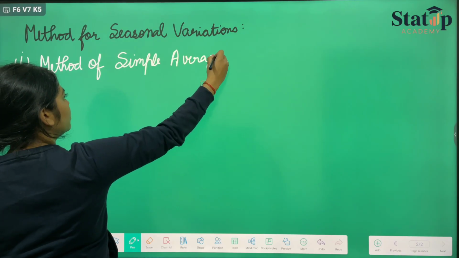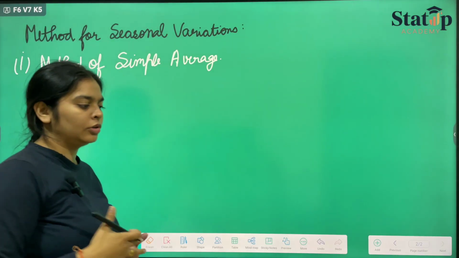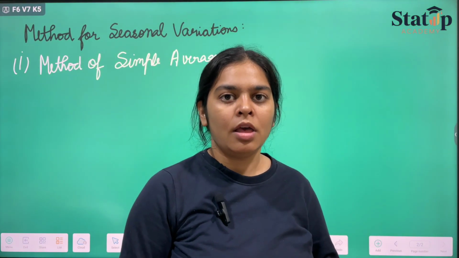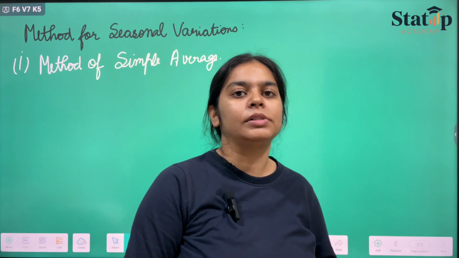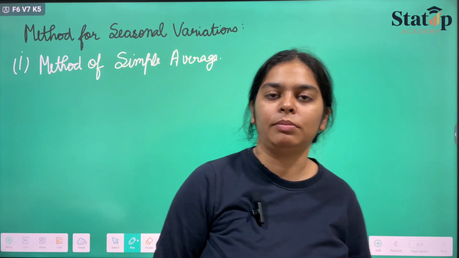I'm giving you the outline of this. In each class we'll do one method, and the merits and demerits of that method, and one example of that method. This is how we are going to complete four different methods.